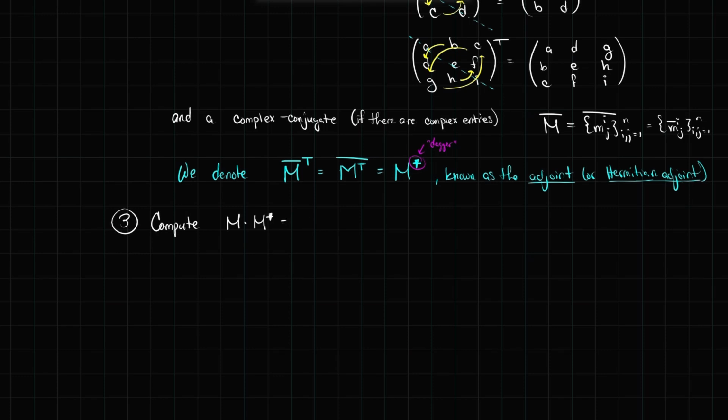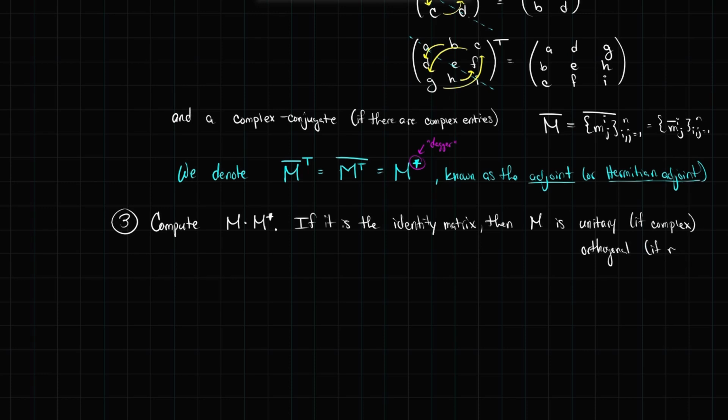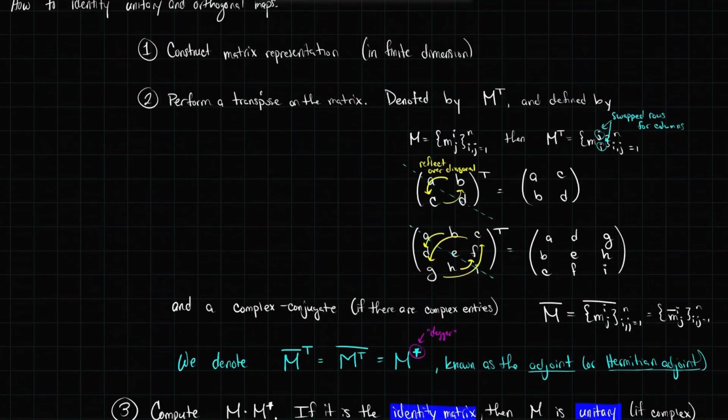If it is the identity matrix, then M is unitary if complex, and it's orthogonal if real. That's all you have to do. You just compute the matrix multiplication of the matrix against its adjoint, and if you get the identity matrix out, you're either unitary or orthogonal. So not too terribly hard.